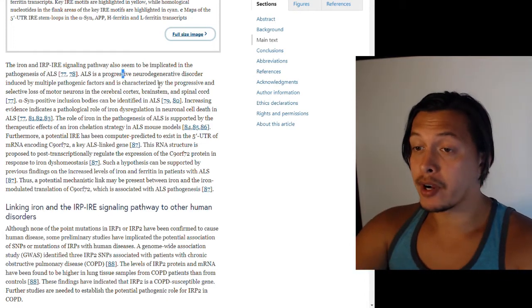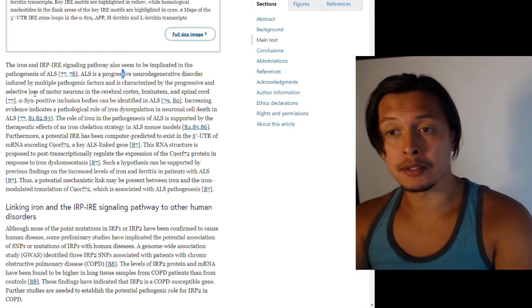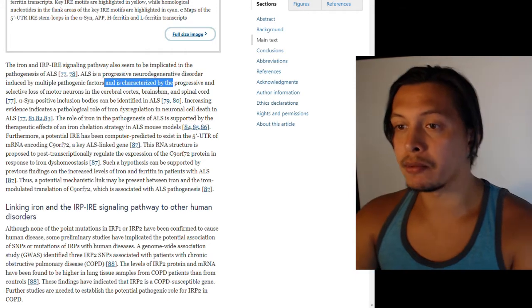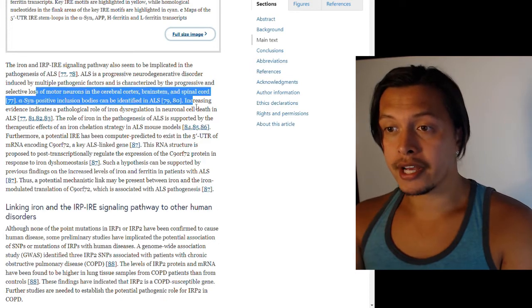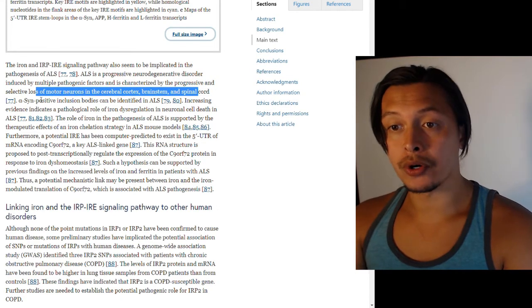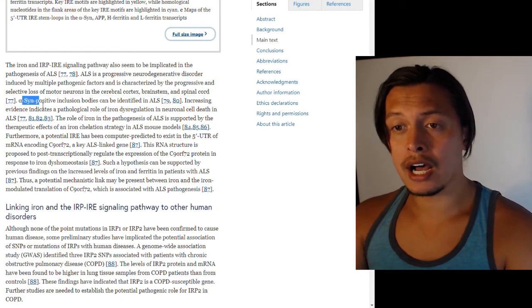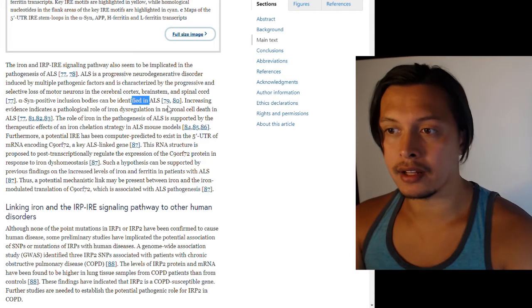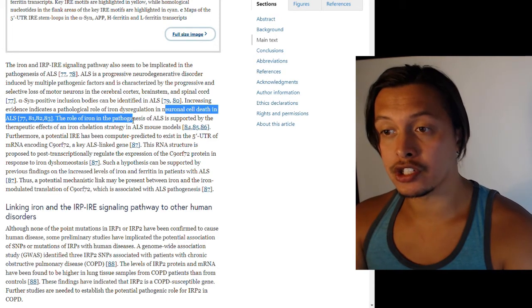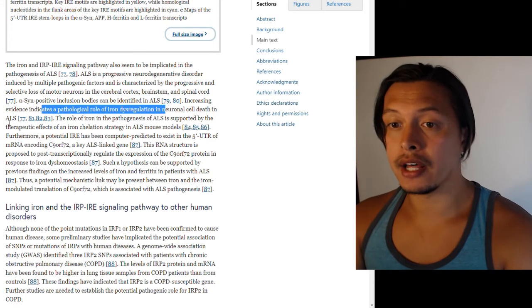ALS is a progressive neurodegenerative disorder induced by multiple pathogenic factors and is characterized by the progressive and selective loss of motor neurons in the cerebral cortex, brainstem, and spinal cord. Alpha-synuclein positive inclusion bodies can be identified with ALS. Increasing evidence indicates a pathological role of iron dysregulation in neuronal cell death in ALS.